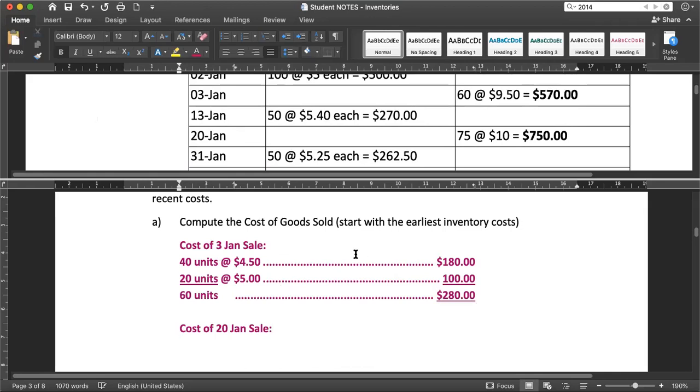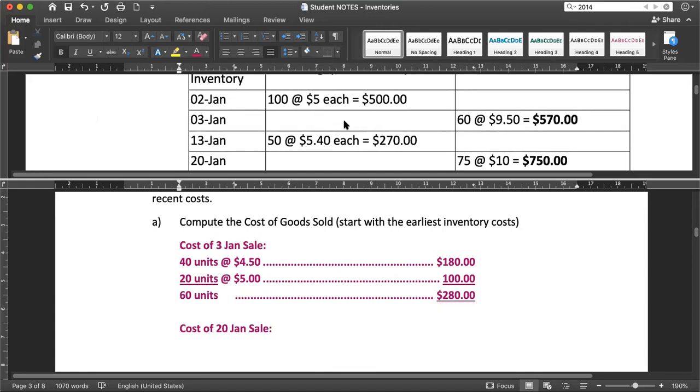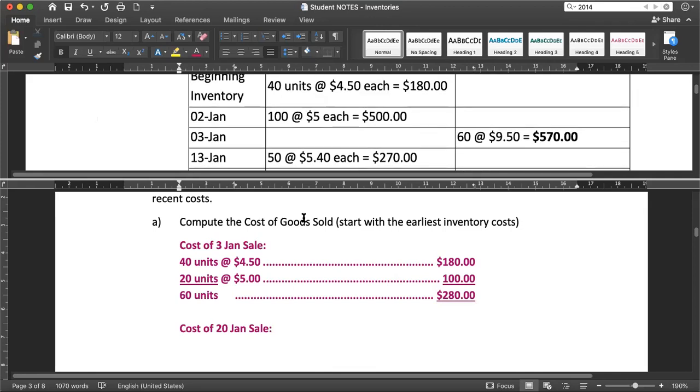and take note here that after we computed the cost of the January 3 sale, though there were 100 units at $5, we've already used 20 of those units, so there's really only 80 of them left at the $5 price.